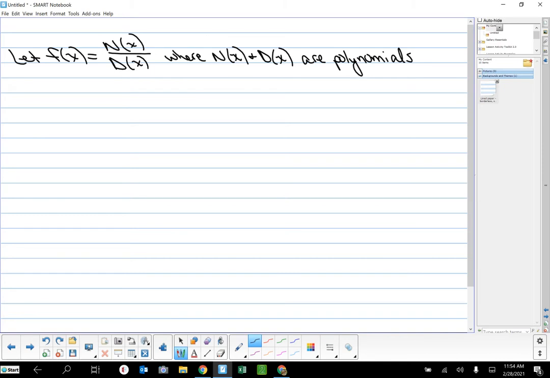Okay, so not just a constant, they're actually polynomials. So, step 1, simplify. That means factor both of them if possible.